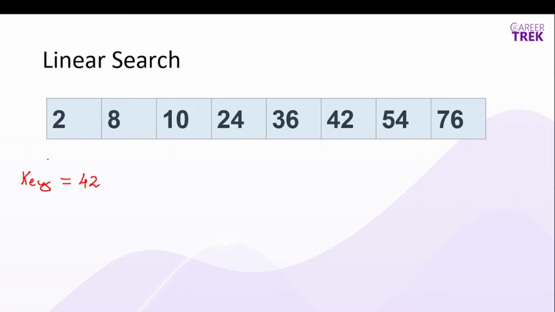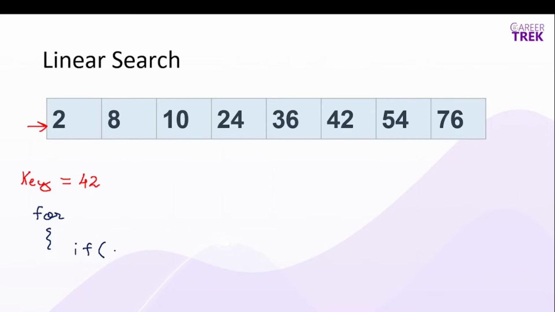In linear search, we start from the starting of the list and sequentially move towards the end of the list. While we traverse through the list, we compare each element of the list with the key. So I will use a for loop to traverse, and then inside the for loop, I will use an if condition to match each element of the list with the key.